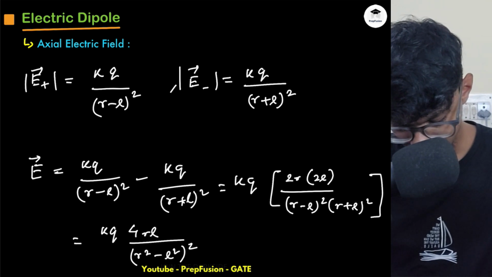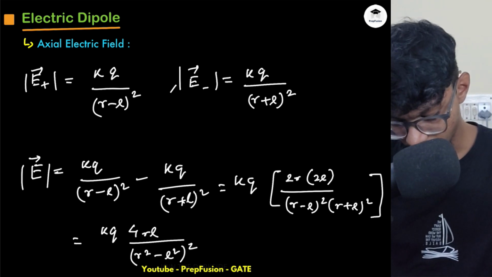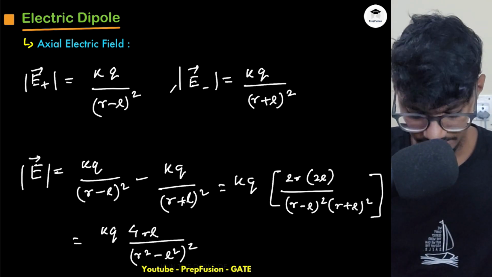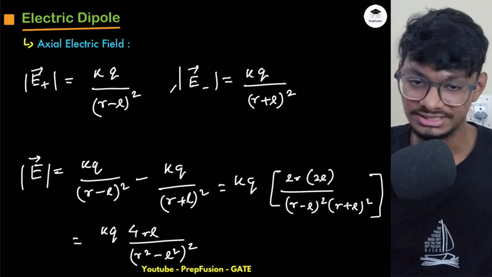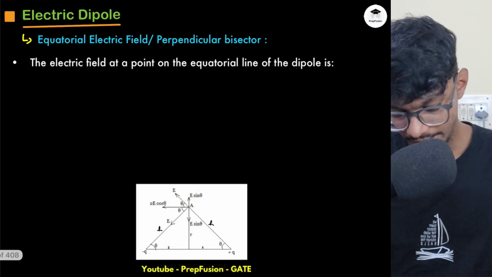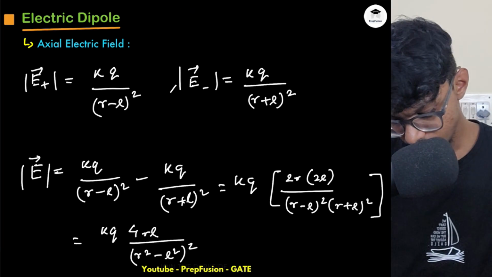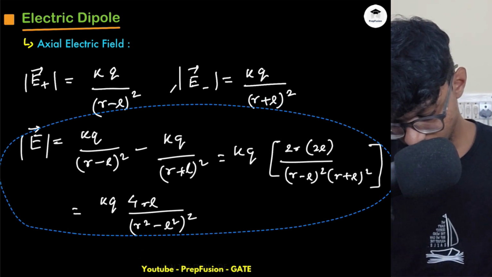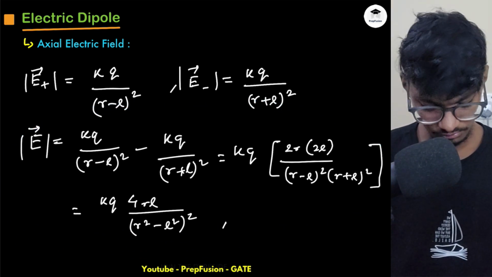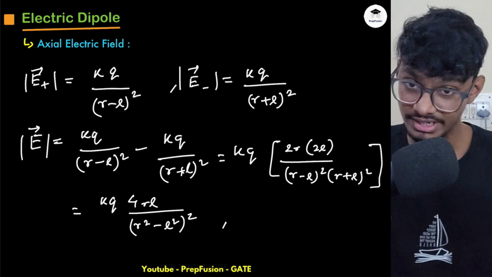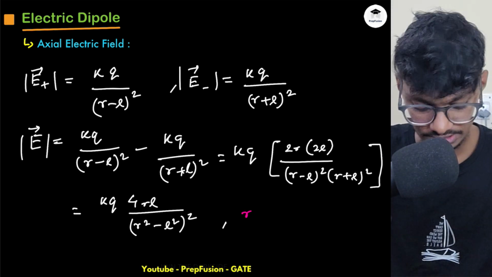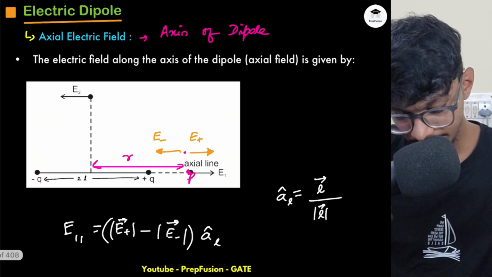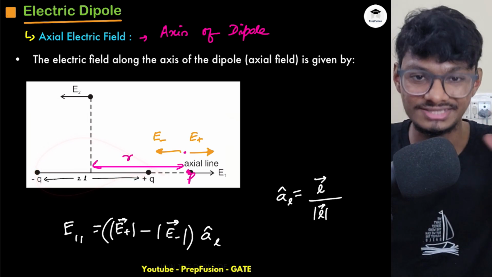If I simplify this further, I'm not talking about the direction for now. I will assume, just to approximate to get a good result, R very much greater than L. The distance between these two charges is anyway very small.